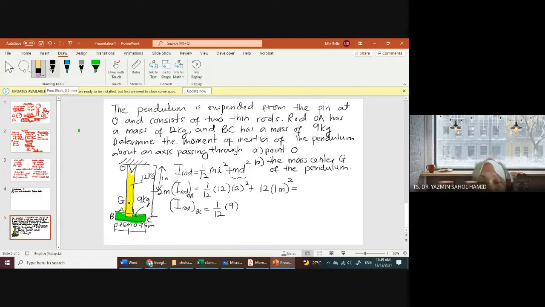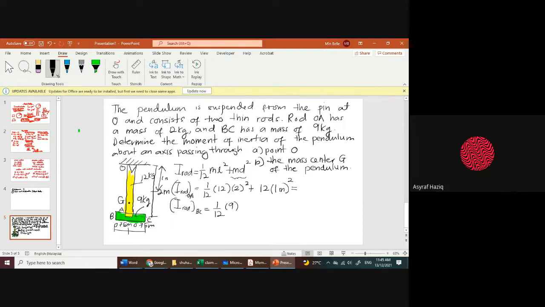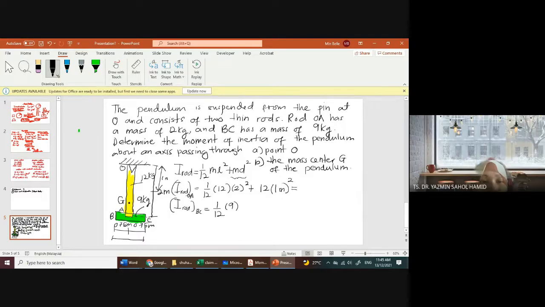Berapa panjang kita punya rod BC? 1.5. 1.5 squared. Betul? Okay. Plus 9.